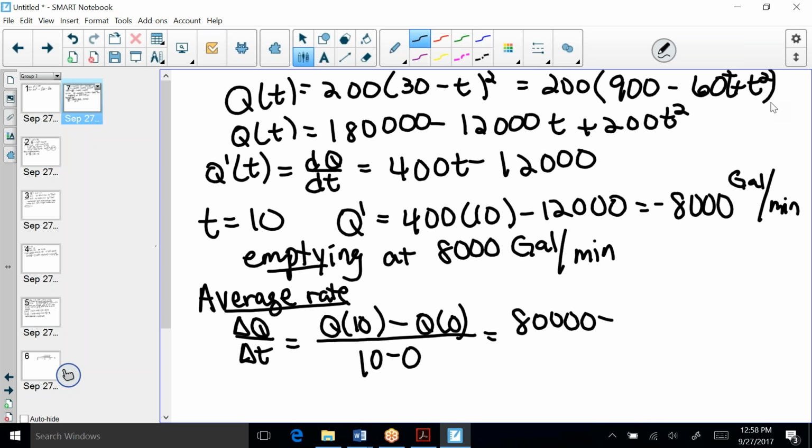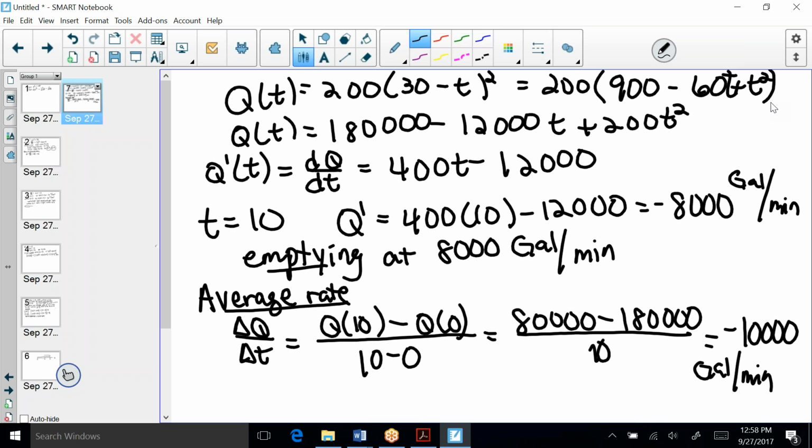And when you plug 0 into that function, 30 squared times 200, that's 180,000. Divide that by 10. And that's going to be equal to negative 10,000. And the units are, again, going to be gallons per minute.